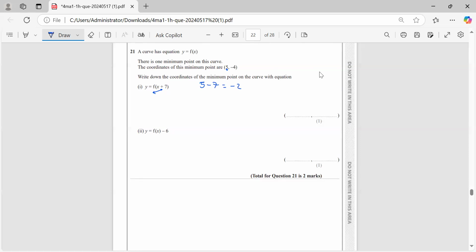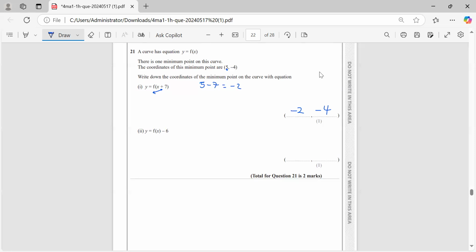There's nothing happening in the y because this is a translation in the x-axis and it's moving 7 steps to the left. So your new coordinates are going to be -2, and nothing is happening to the y value, so -4.